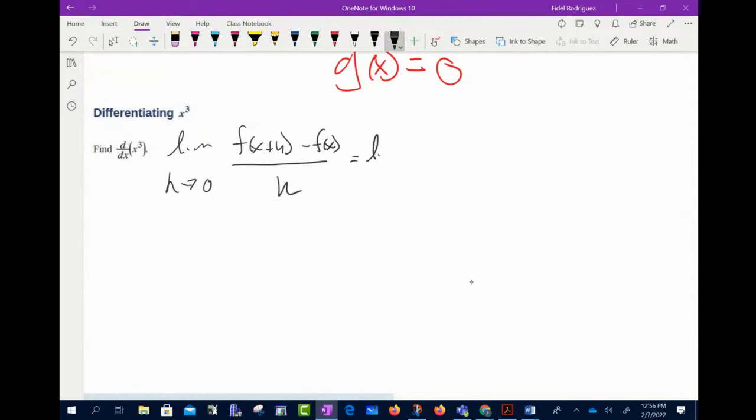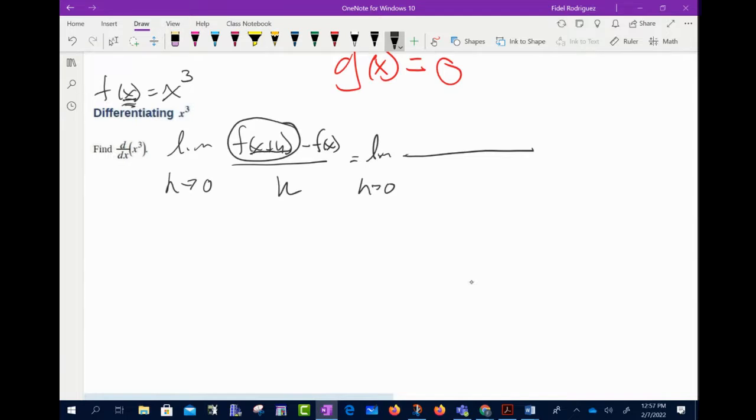So first, I want to find f of x plus h. Our function is f of x equals x to the third. So what do you think f of x plus h would look like? Aren't I going to plug this in right here?